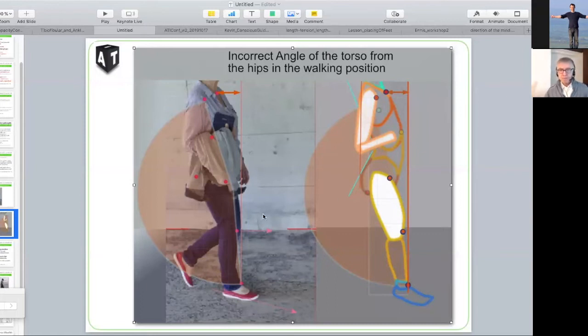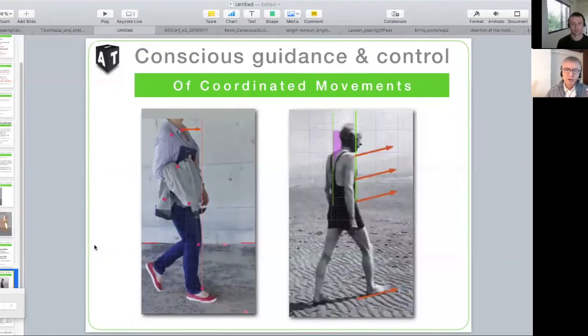So suddenly we understand much better. I will show you another picture. I particularly appreciate the picture of Alexander walking on the sand, Alexander on the right here. Even if I do not think that this is the absolute best way to walk forward, there is something absolutely clear: it is not shortening the torso.